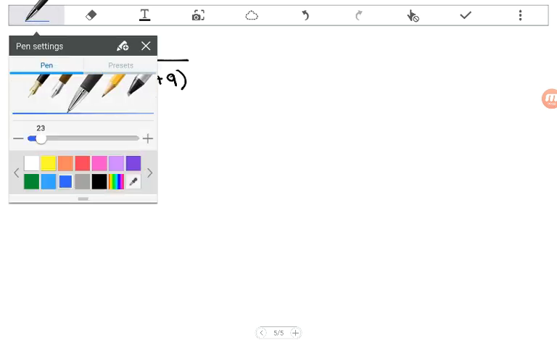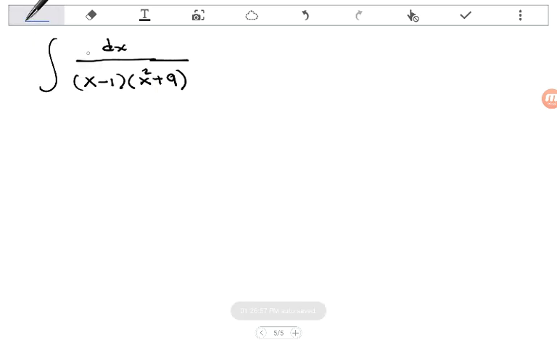Now this integral is just a polynomial over polynomial, but now I have a denominator which is a product of the polynomial brackets. So now I think of partial fractions to convert this product of brackets to a sum of fractions.